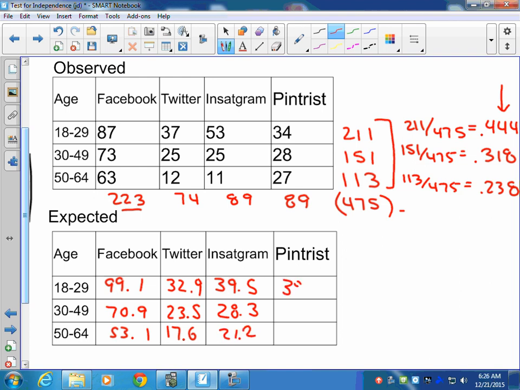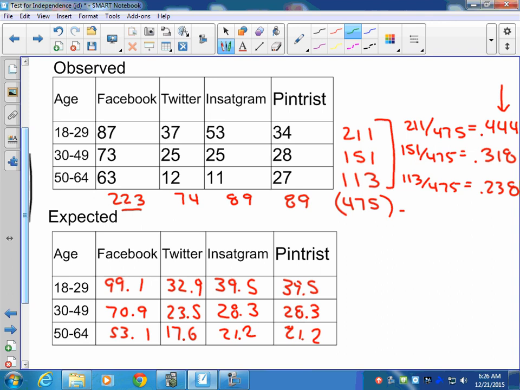And as I finish out the table here, we can start looking at our next step. So now, how do you get each individual value?